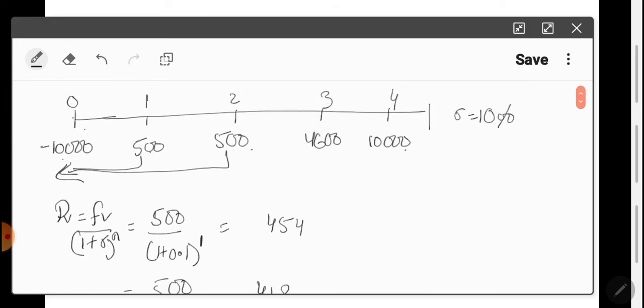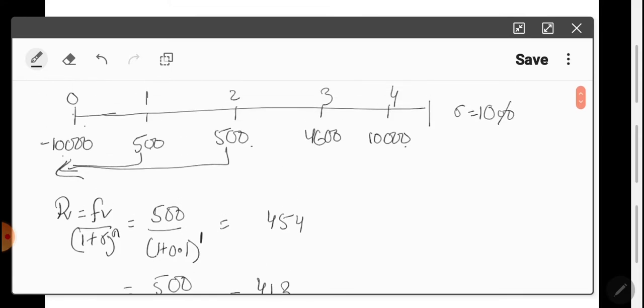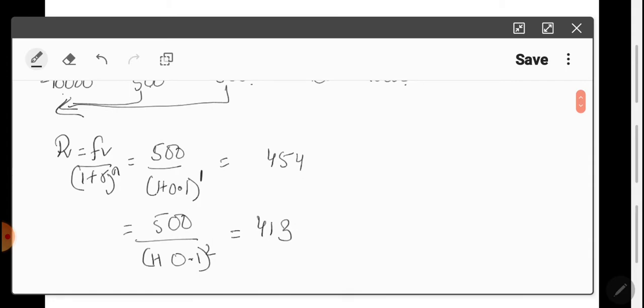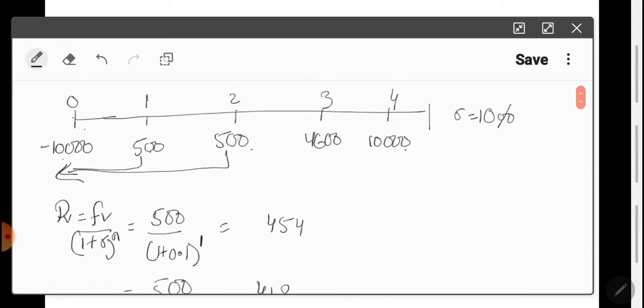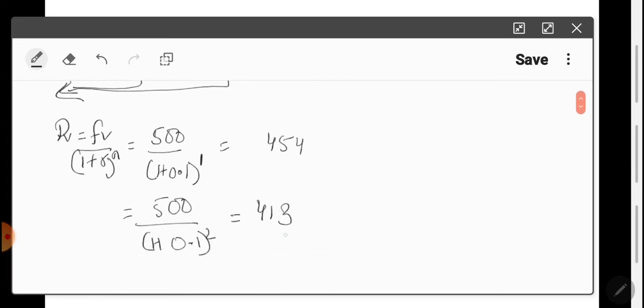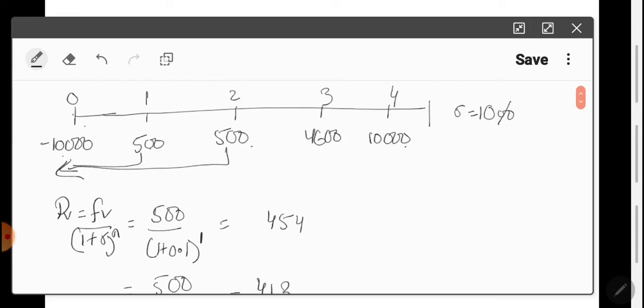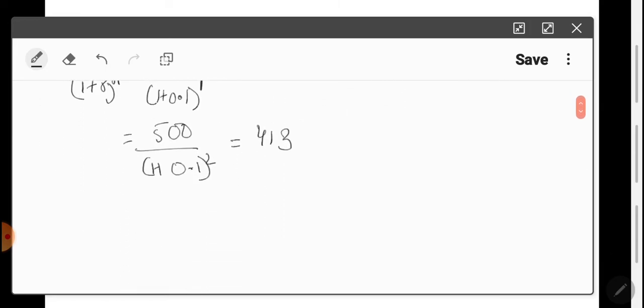So your second cash flow is 413. 500 2 years later has a current value of 413. तो 2 साल बाद आपने 500 रुपीज़ रिकवर नहीं किए. In terms of value आपने सिर्फ 413 रुपीज़ रिकवर किए. Similarly, you're going to do it for 3 and 4 as well. So let's do it for 3 and 4.